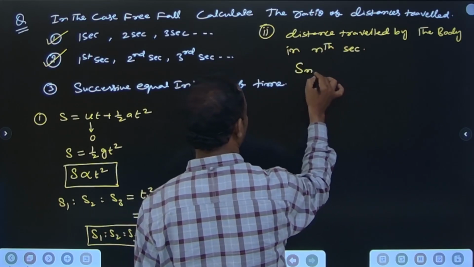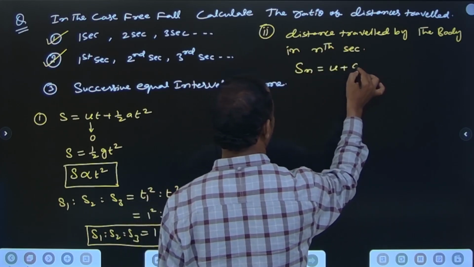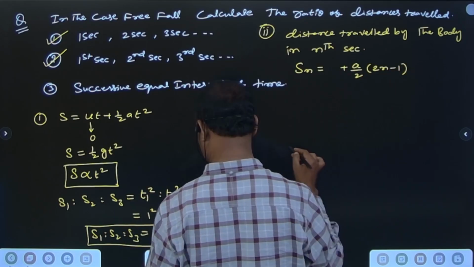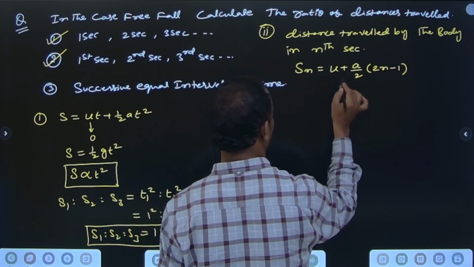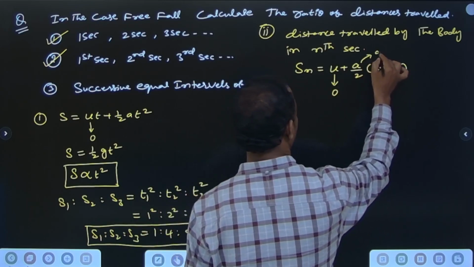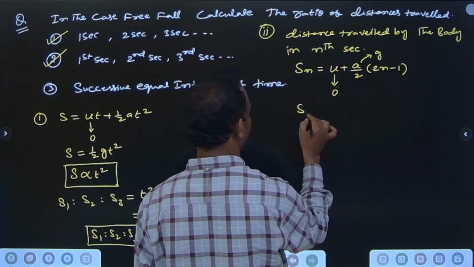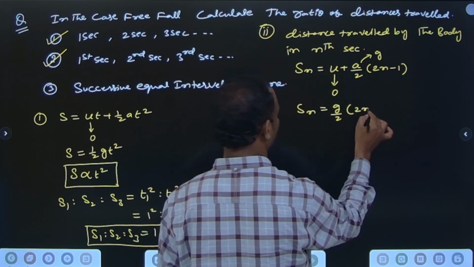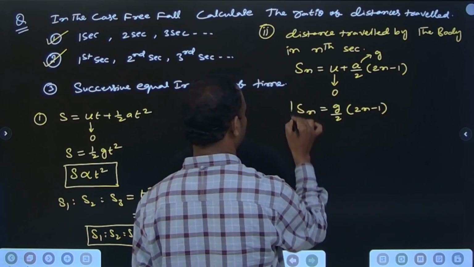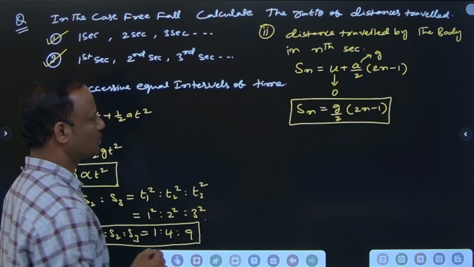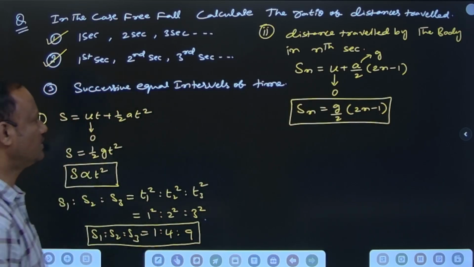Sn is equal to u plus a by 2 into 2n minus 1. What is u? It is 0. What is a? It is g. Right? Sn is equal to g by 2 times 2n minus 1. This is the required relation.